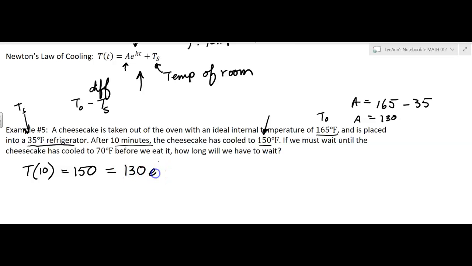E is going to be E. K we don't know, but the T is 10, so it's going to be 10K up here. The time was 10 minutes, plus the surrounding temperature, which was 35. That equation we can solve. So subtract 35.